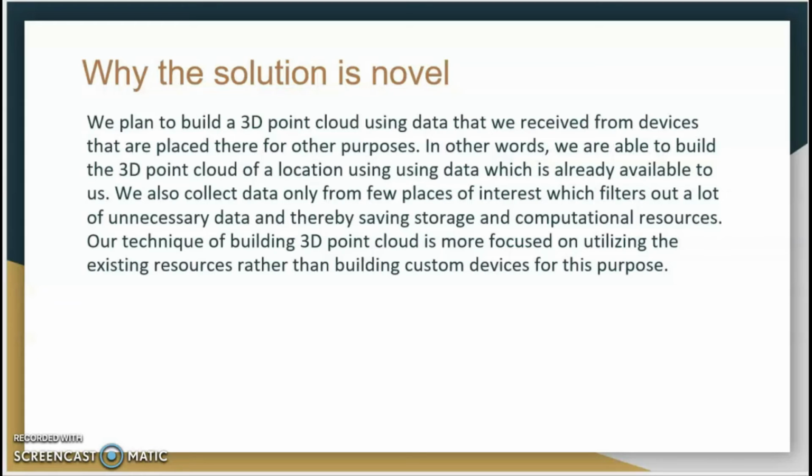It's only for the places of interest. So it avoids a lot of unnecessary data collection, right? And like mentioned before, it focuses on utilizing existing resources, which also includes the pictures taken by customers, or any person traveling through that location.